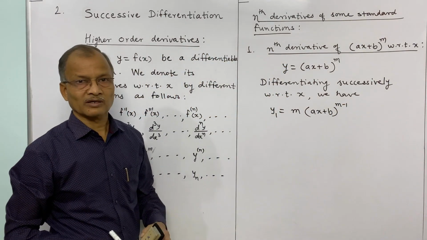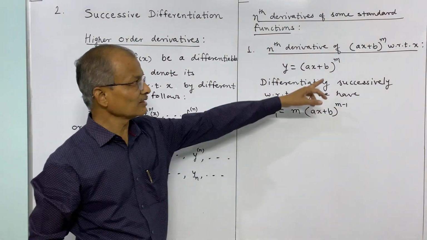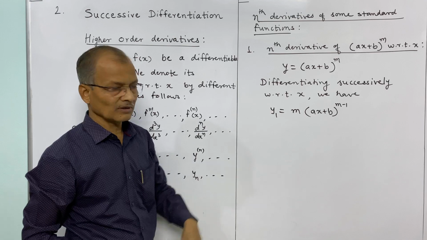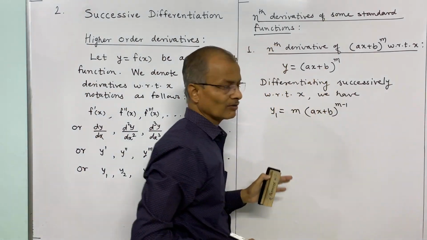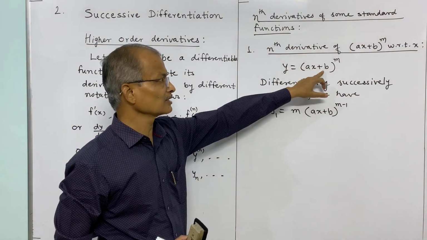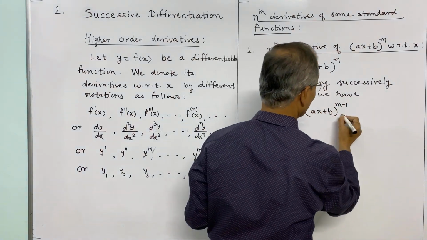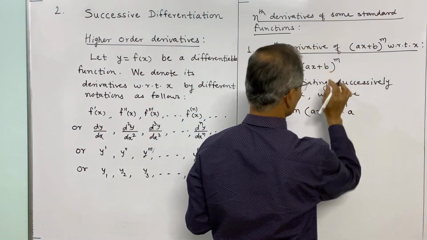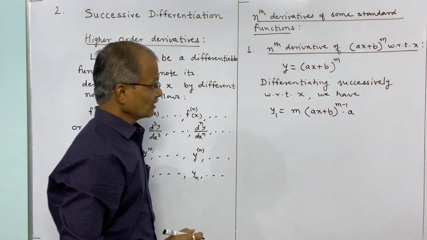X raised to n: the differentiation is n into x to the power n minus 1. So here it is m and we have used the power function formula. But this is the inner function. We have to use the chain rule also, and we have to multiply the derivative of ax plus b. a, b are constants and therefore derivative of ax is a. Derivative of b is 0. So it is only a. So this is the first derivative.